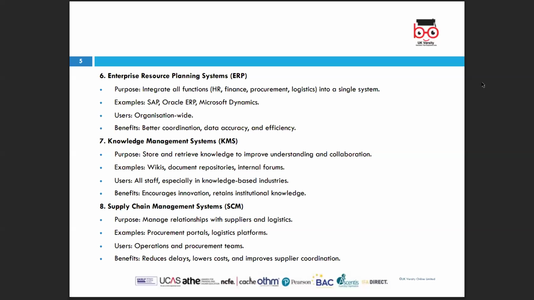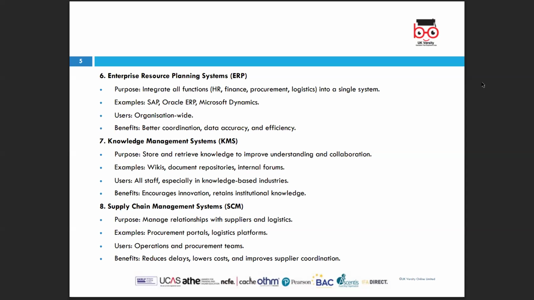Also, we have knowledge management systems. The purpose of having this system is to store and retrieve knowledge to improve understanding and collaboration. Examples of tools are wikis, document repositories, and internal forums.